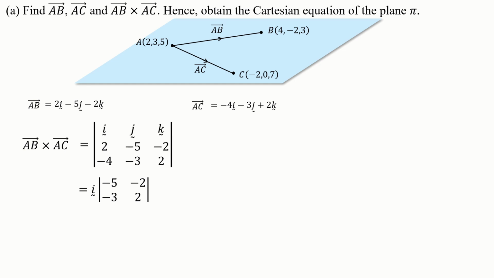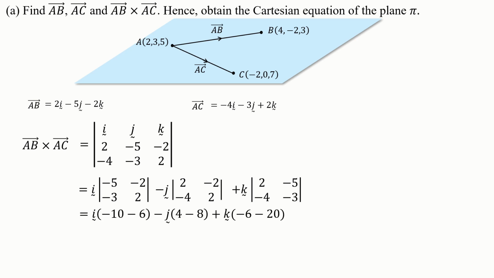So for i we have negative 5 times 2 minus negative 2 times negative 3, which is negative 10 minus 6, so negative 16. For j we have negative times 4 minus 8, and for k we have negative 6 minus 20. We simplify this and get negative 16i plus 4j minus 26k. So this is AB cross AC.